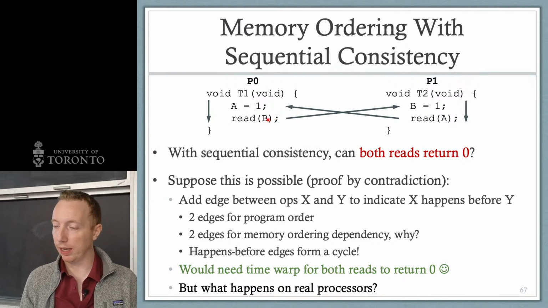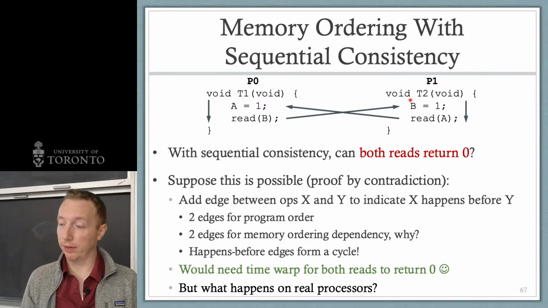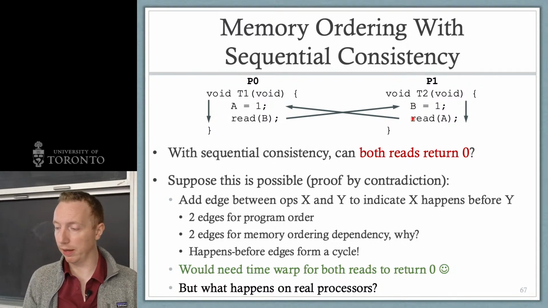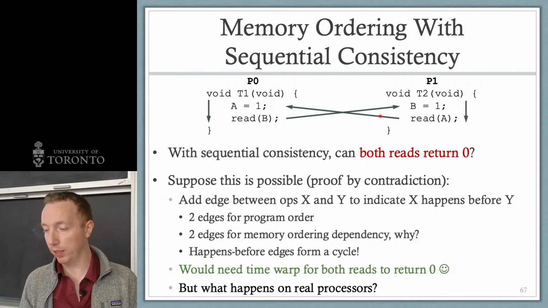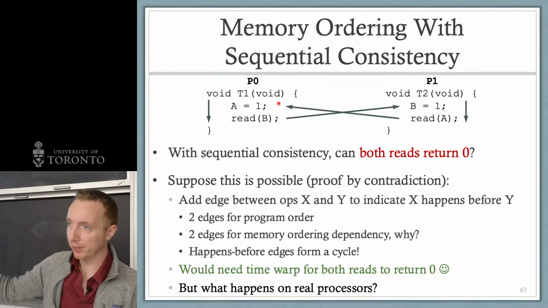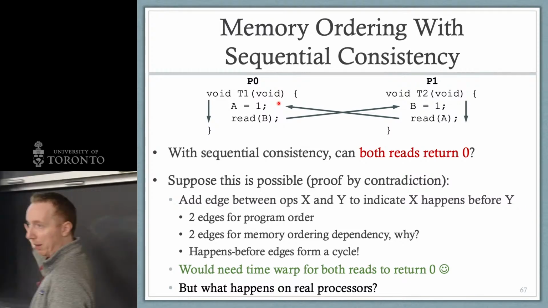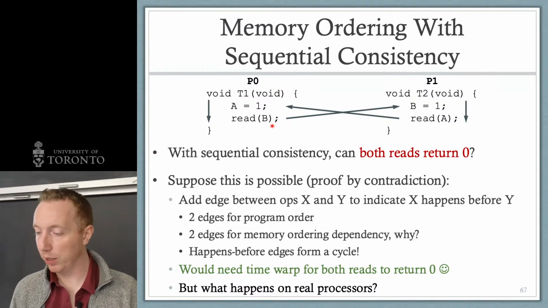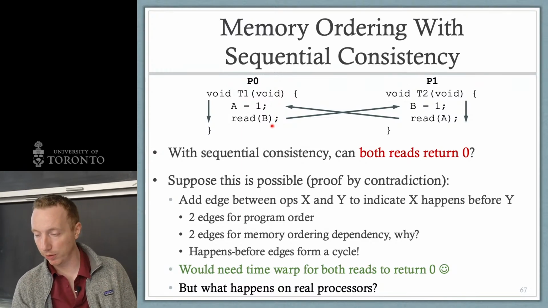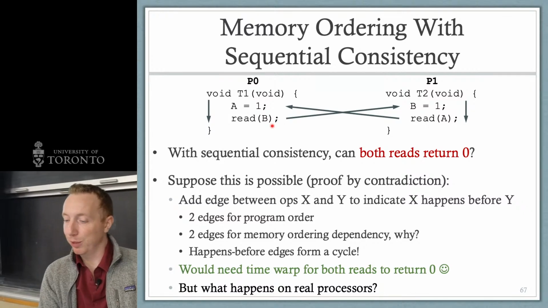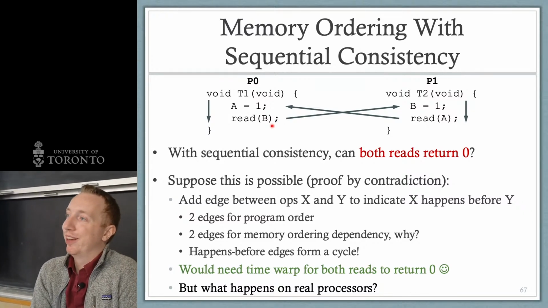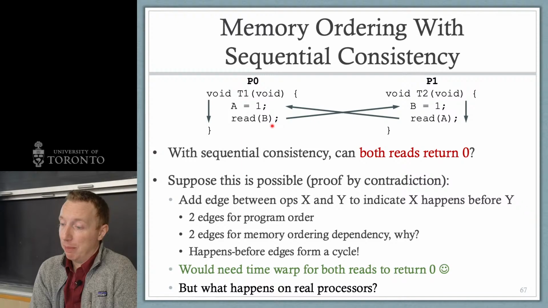If we read a 0 here, it would have to happen before the write here, which means the other would have to read a 0 there, which means it would have to read before that. Just impossible. We can't go back in time. We would need a weird time warp for both reads to return 0. But on real processors, as we will find out, it could happen.